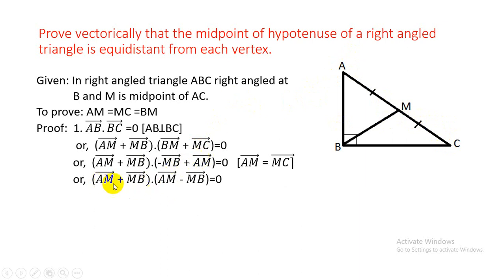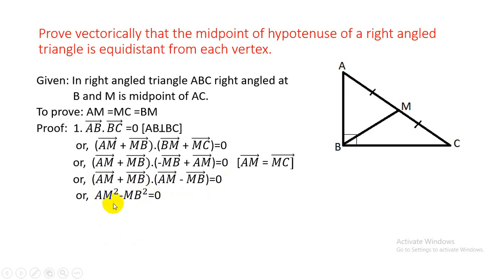Now AM plus MB times AM minus MB, it is the formula of a square minus b square. So AM square minus MB square is equal to 0.